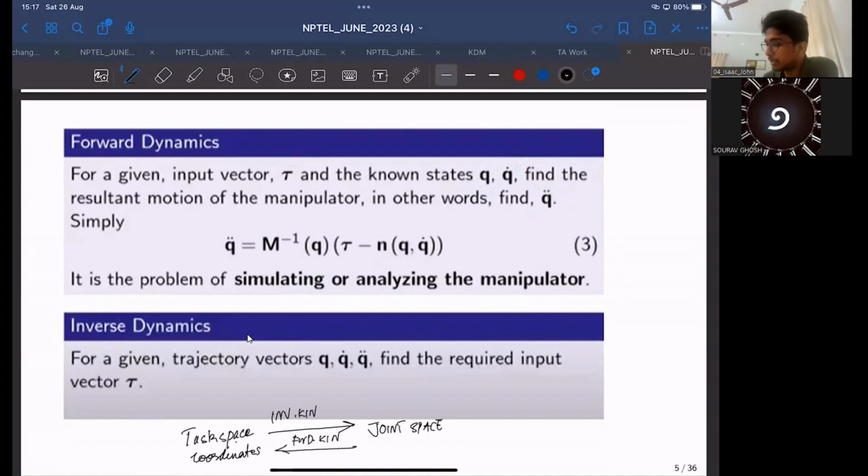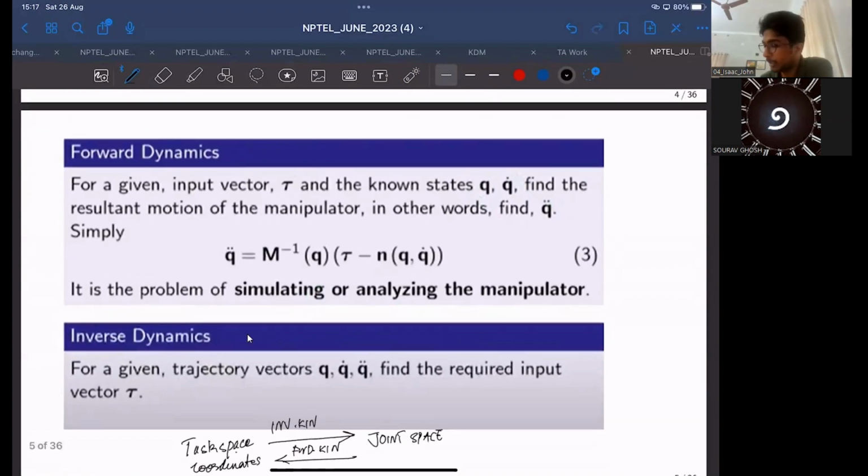A similar analogy also exists for dynamics, where we have already established that dynamics is nothing but the mapping between the torques and the trajectory of the robot, characterized by q dot and q double dot.